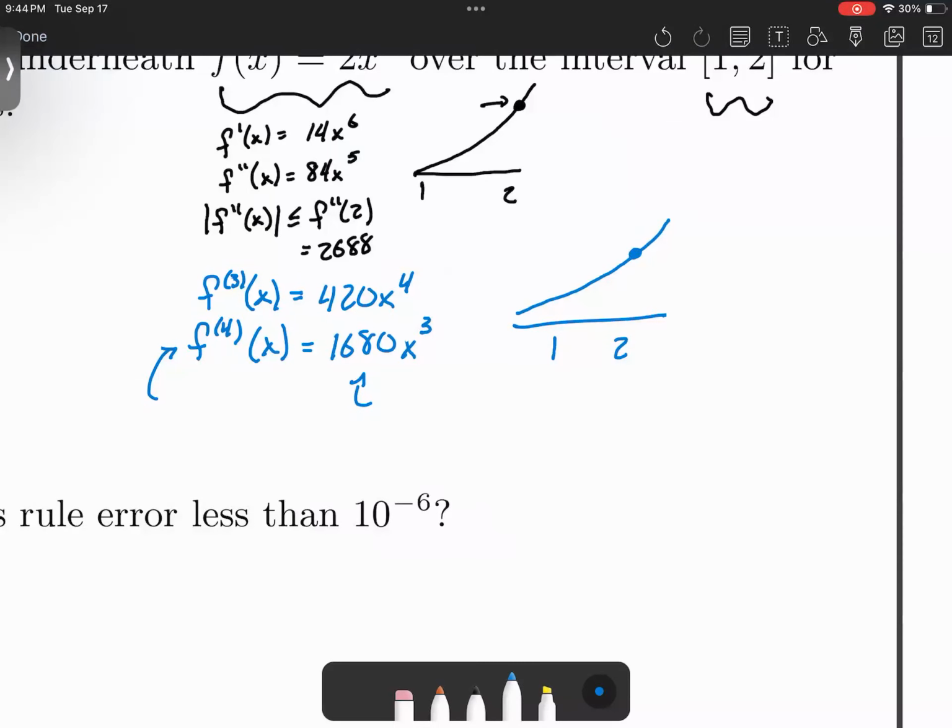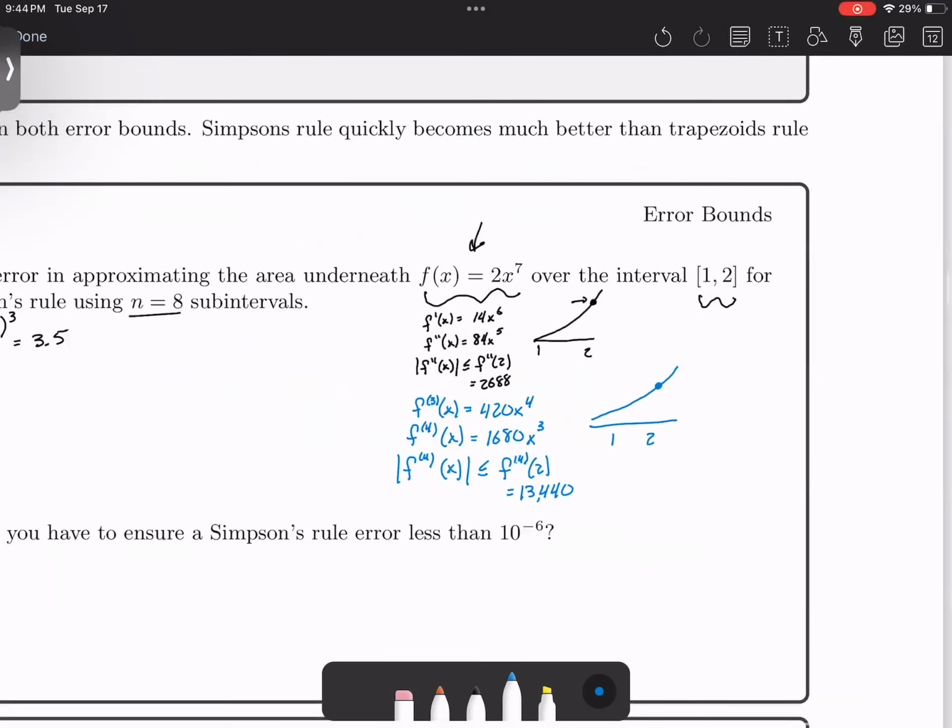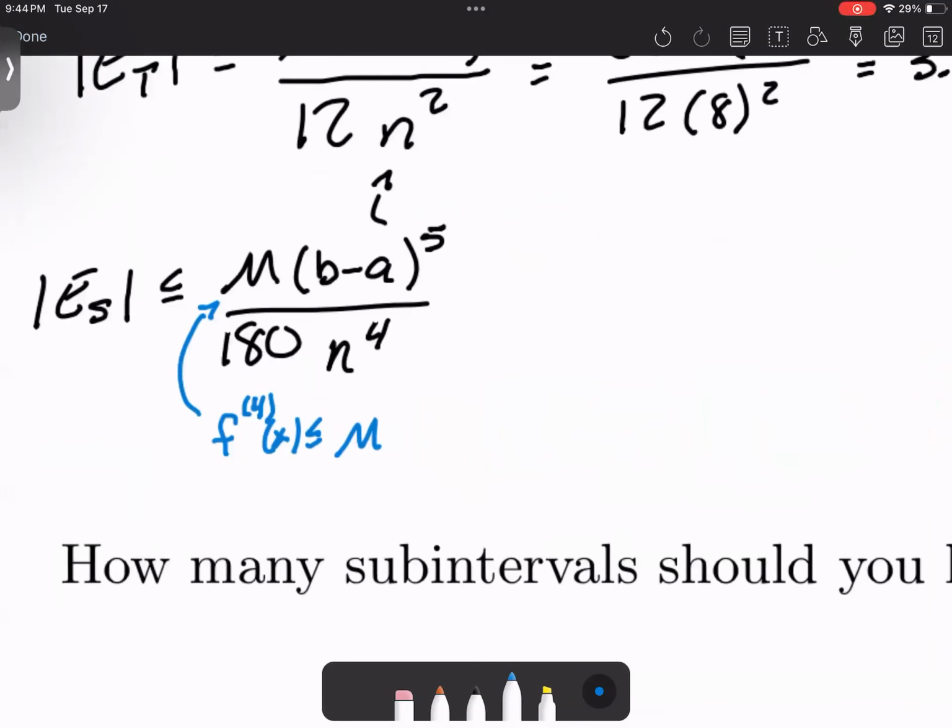Therefore, for all of the same reasons as above, its maximum occurs at 2. So our fourth derivative has a maximum value of its value at 2, which is 13,440. So this can be used as our M value. This is an upper bound on the fourth derivative over this interval.